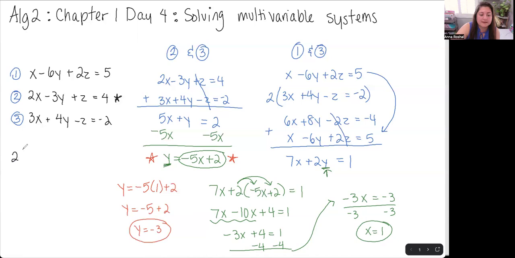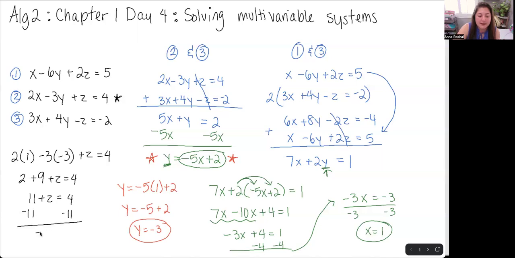So I'm going to replace the x with 1, because I know that that's 1 down here, my y with -3, because that's what I got for here, plus z equals 4. I'm going to combine like terms, do this math. So 2 plus 9 plus z equals 4. 2 plus 9 is 11, plus z is 4. Subtract 11 from both sides, z is -7.